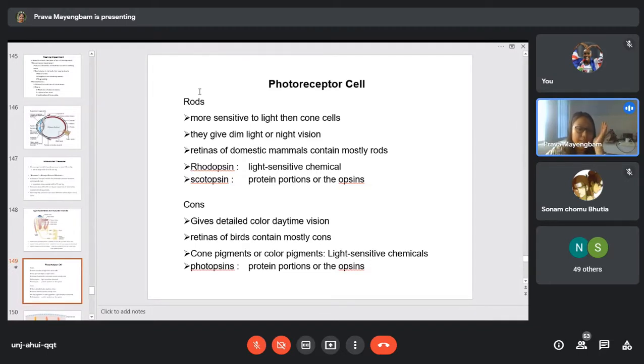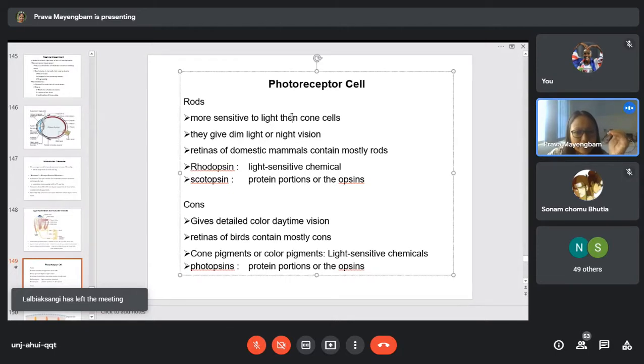Some differentiating features between rods and cones are that rods are more sensitive to light than cone cells, and they give dim light or night vision.